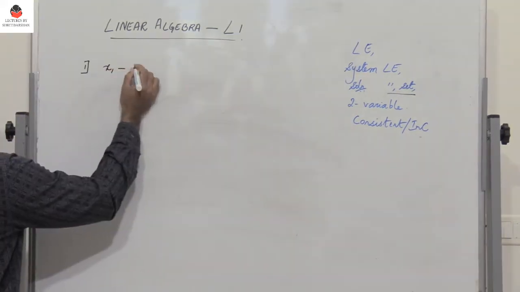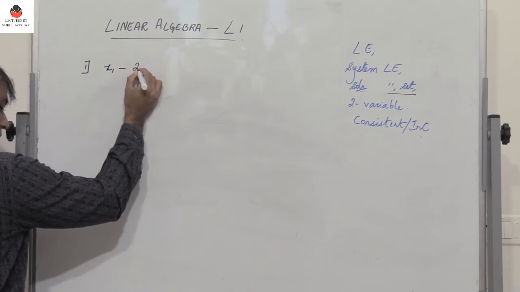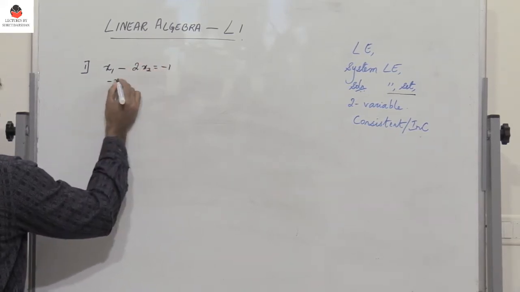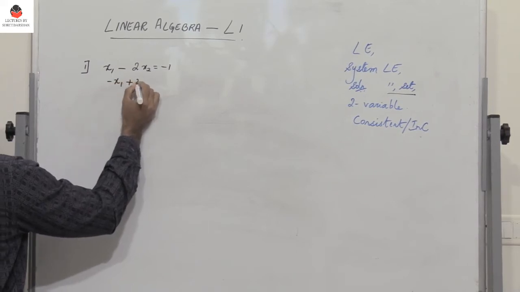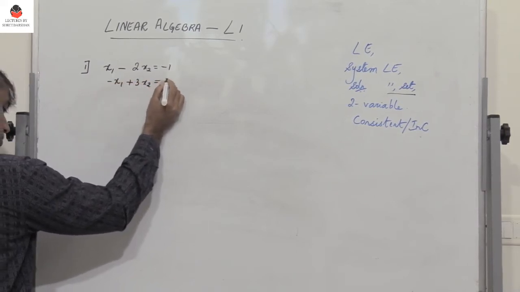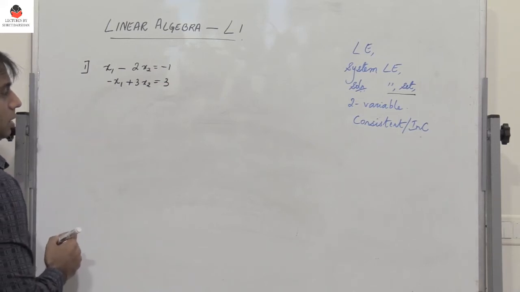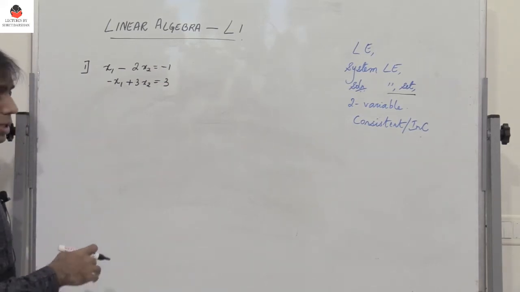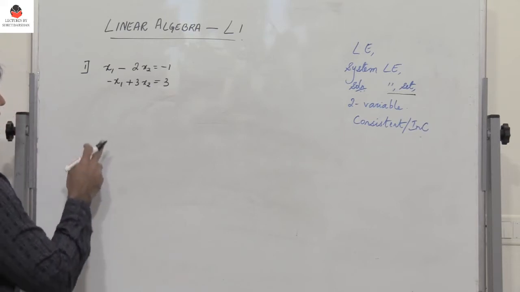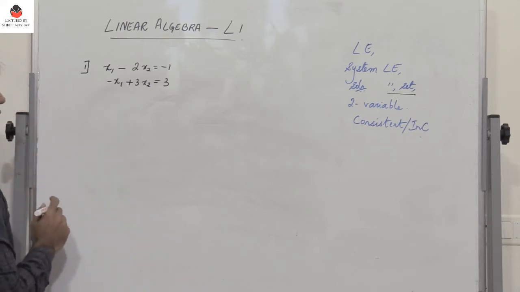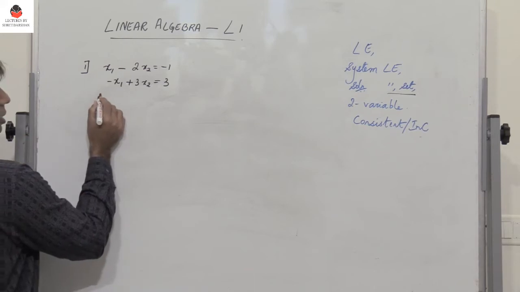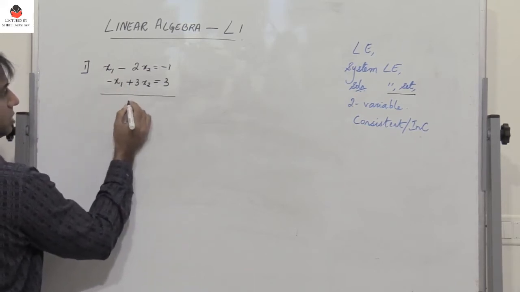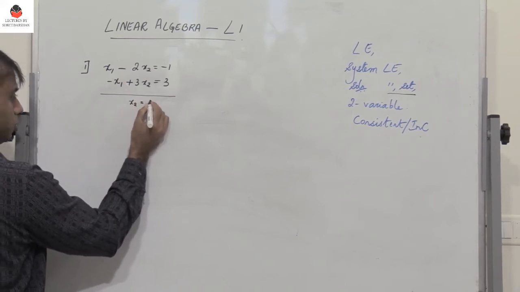Let me consider the first set of linear equations: x1 minus 2x2 equals minus 1, and minus x1 plus 3x2 is equal to 3. Now let us see if I can find the value of x1 and x2, the solution of this set of two-variable linear equations. If I add these two, x1 gets cancelled, so I get x2 is equal to 2.